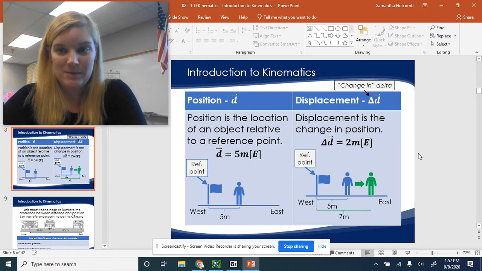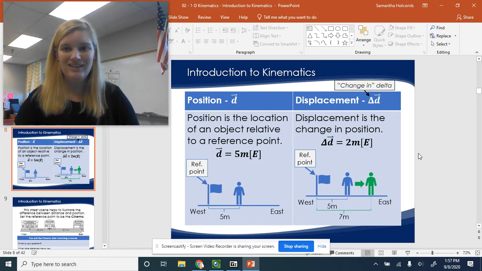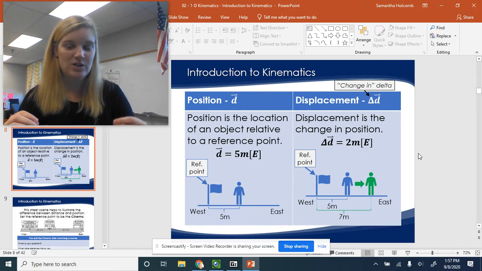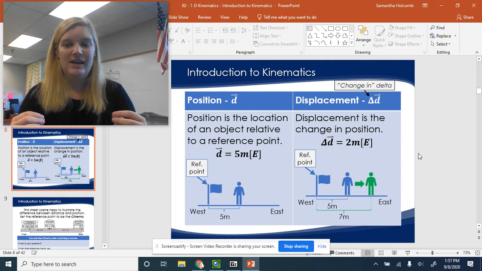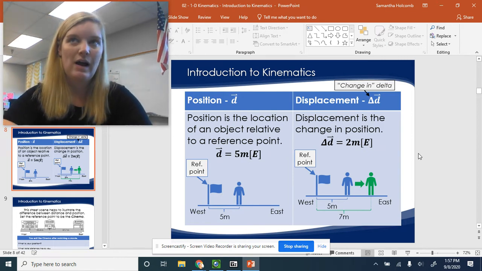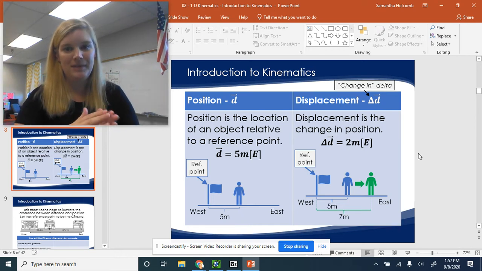And then we have displacement. For displacement, we use our delta, just a triangle, and that means change. So we're looking at the difference between where we start and where we finish. The delta D with the hat on it is telling us the displacement, so how much things have changed in our distance from where we started to where we ended.